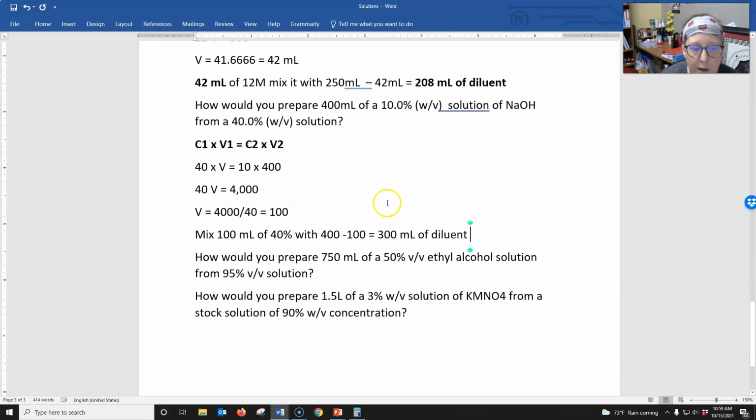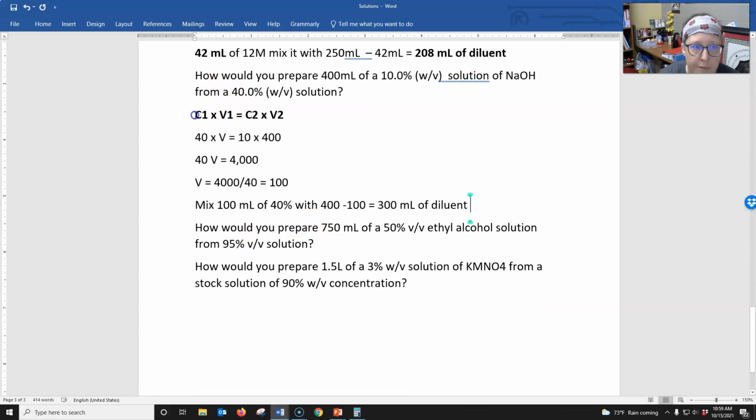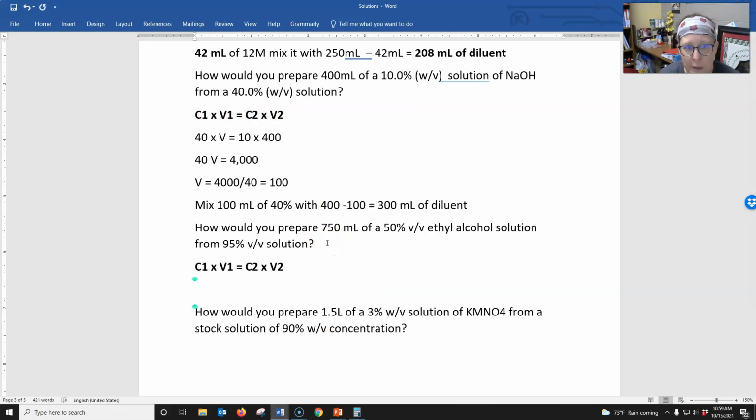So that's how you do that one. So same thing, we're just going to continue. They always give you 3 of the numbers, and you just solve for the one that you're missing. So how would you prepare 750 mils of a 50% volume by volume ethyl alcohol solution from a 95% volume by volume solution?